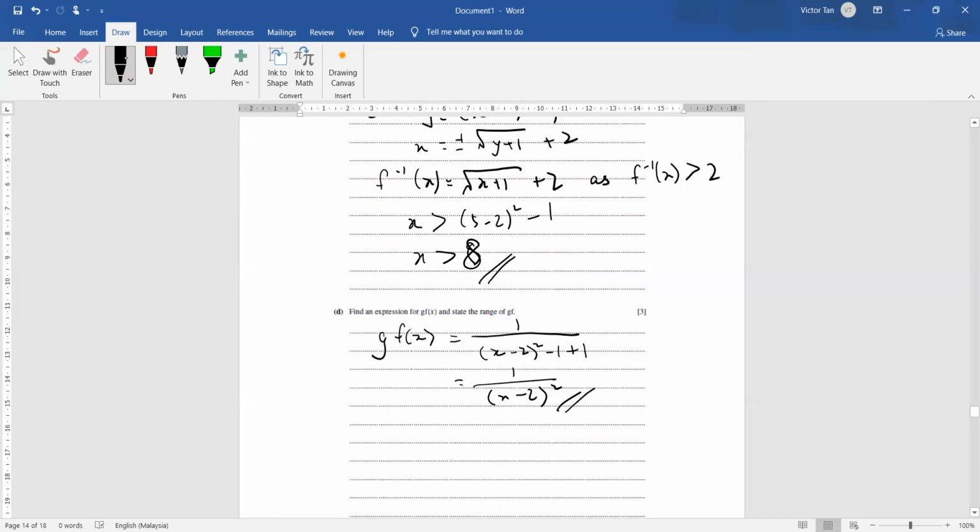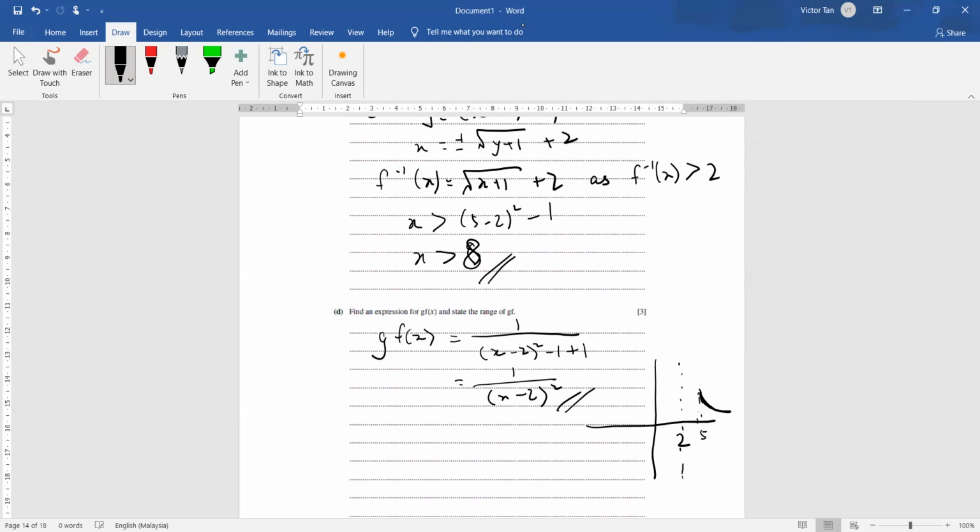x larger than 5. So what's the range of gf? So this graph is like that. This is the asymptote, so it's x minus 2. So the graph will be, if it's x larger than 8, something like that. x larger than 5.